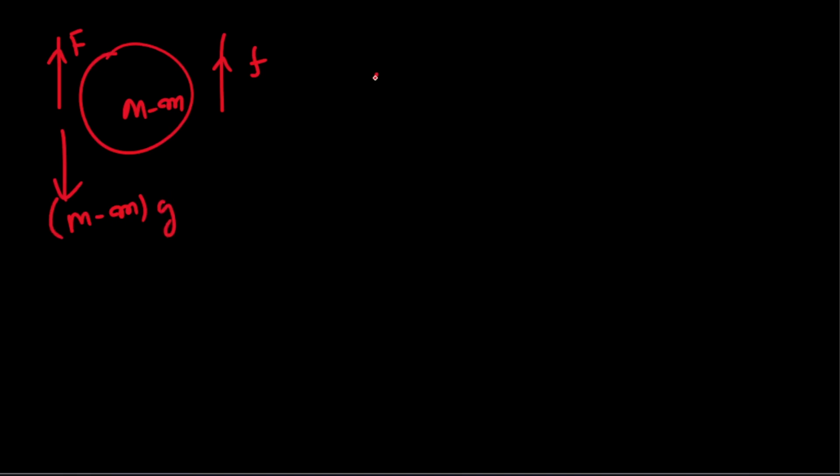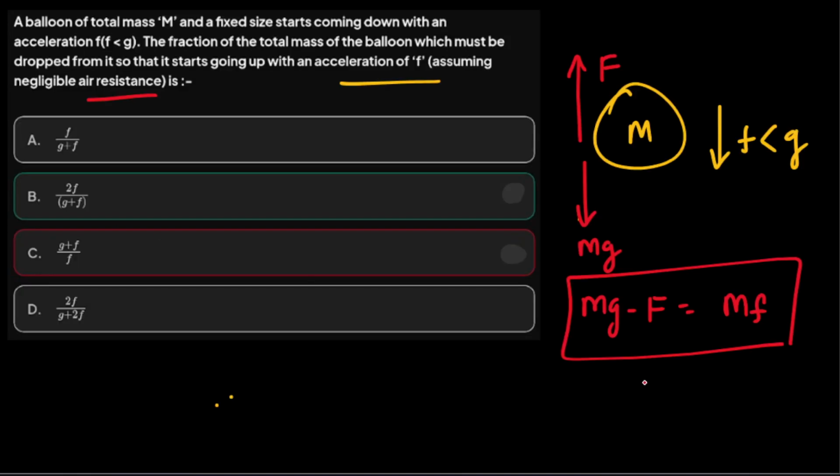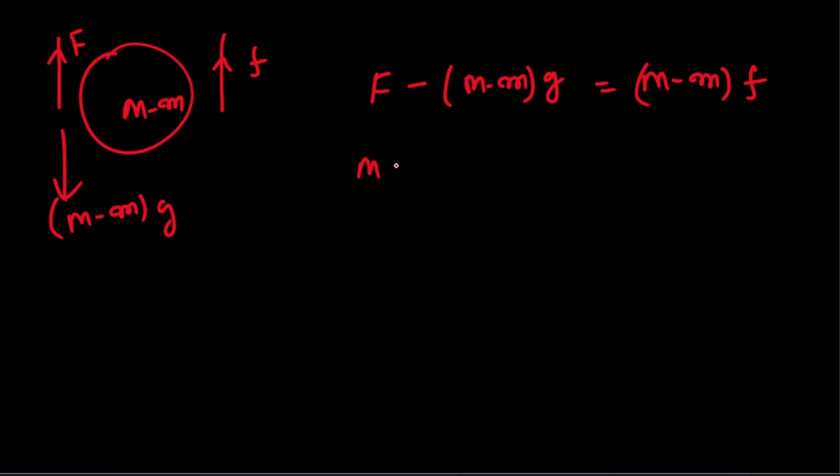Now if you write the force equation, net force acting in the upward direction is this, and why will the net force act in the upward direction? Because acceleration is in the upward direction, and this is equal to (M minus m) f. You can put the value of F from the first equation: F is equal to Mg minus Mf. So let us put it here: Mg minus Mf minus Mg plus mg is equal to Mf minus mf.